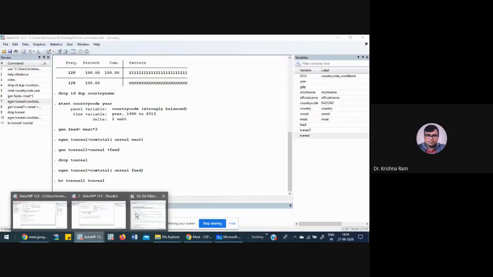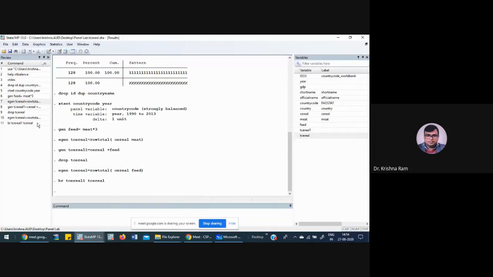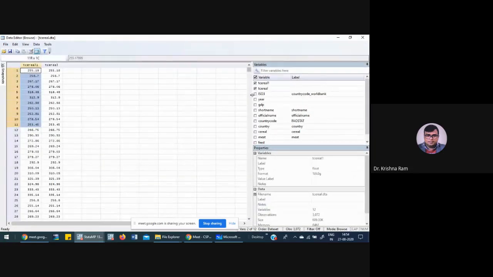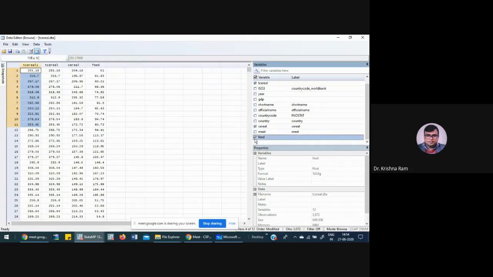Let's open again. So browse this one and add here cereal and feed. For each row, we are getting one output variable. So that means you are totaling row by row.